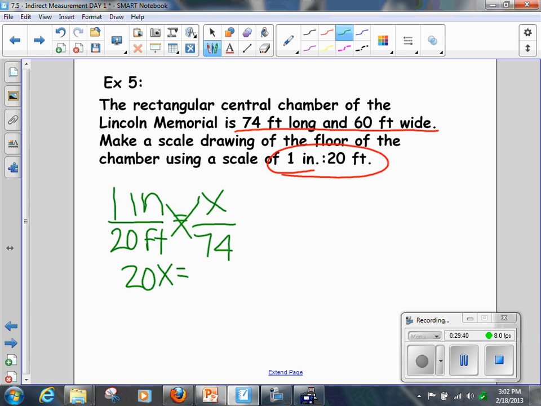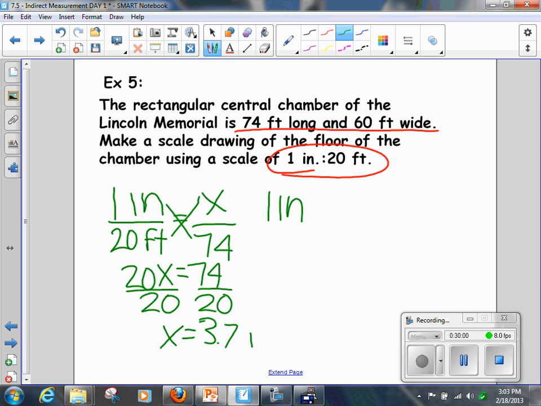No, she just did. .7 what? It's inches, okay, approximately. Okay. So she found the length. How many of you got approximately 3.7 inches for the length? Hands up. Very good, very good.